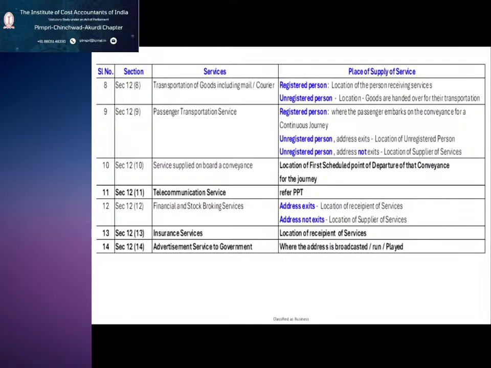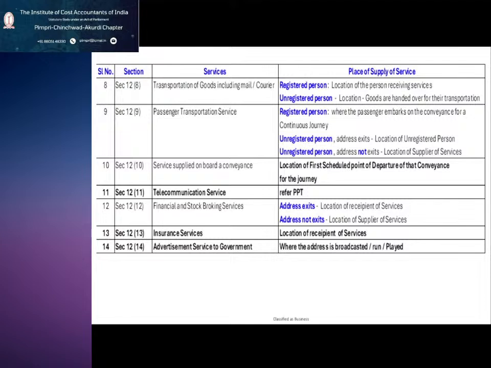The recent one which I have noted is the housing loan related yojana of the ministry. If advertisement services are provided for that, what is the place of supply of service?